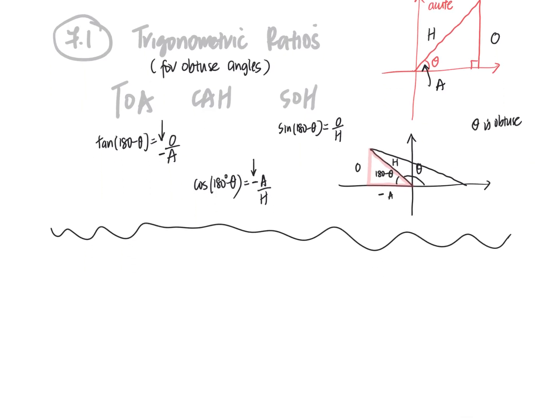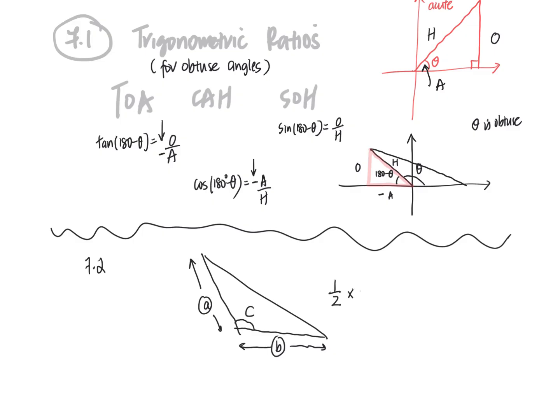Then 7.2, we learned that no matter what kind of triangle you are given, as long as you have the length of two adjacent sides, for example this is A and this is B, and I say this angle is C, I am able to find the area of this triangle by using half times the length of the two adjacent sides and sine of the angle in between them.